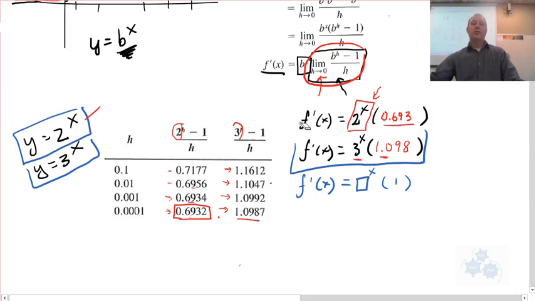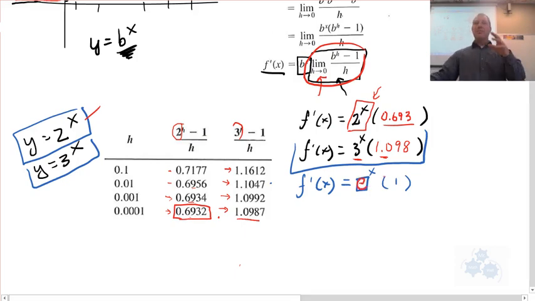So y equals some b, that's between 2 and 3, to the power of x. When you take the derivative of it, it would be that same base to the power of x times 1. Okay? And there actually is a base that's in between 2 and 3, and it is called e.